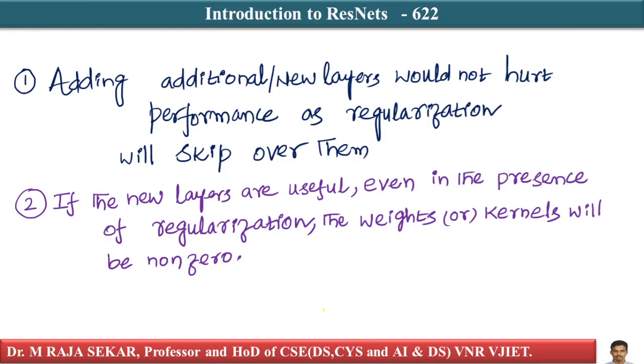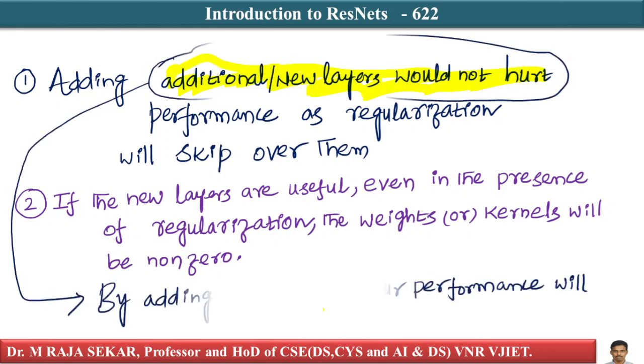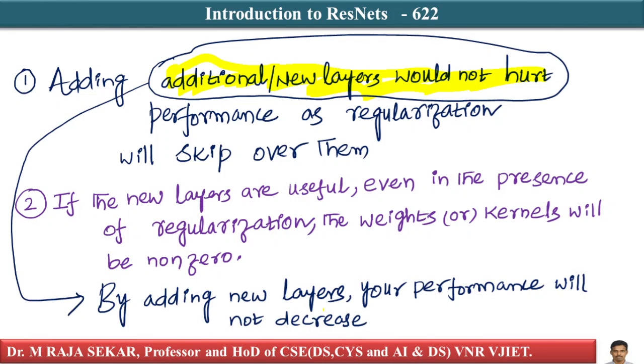So what is happening now? The interesting thing is that by adding new layers, your performance will not decrease, isn't it? That's important. By adding new layers, your performance will not decrease, but it could increase slightly.